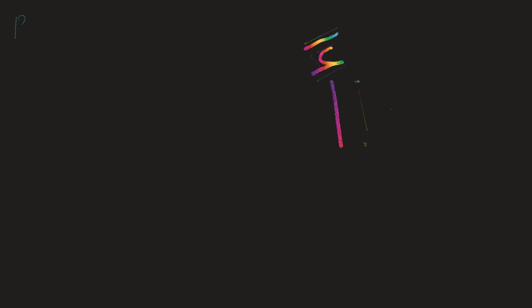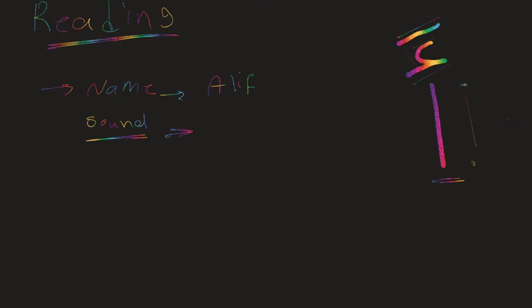Now we are going to talk about reading letter A, or the sound of this letter A. How can we read the sound of this letter? We have a big difference between the name of the letter and the sound of the letter.